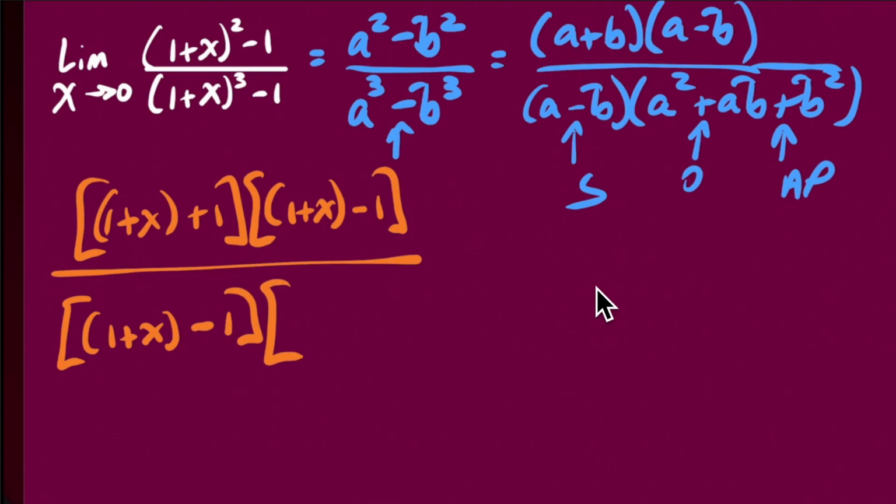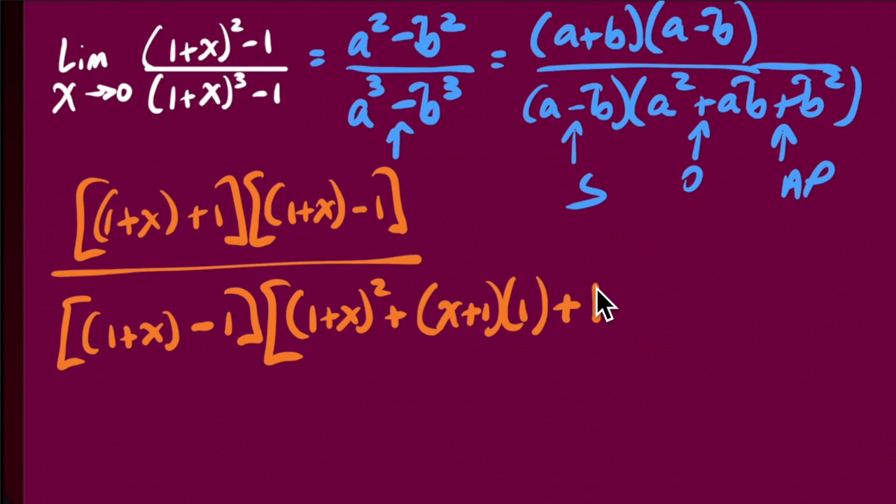And now we're going to have a squared, which is (1 plus x) squared, plus a times b, which is (x plus 1) times 1, and then plus b squared, which is 1 squared.